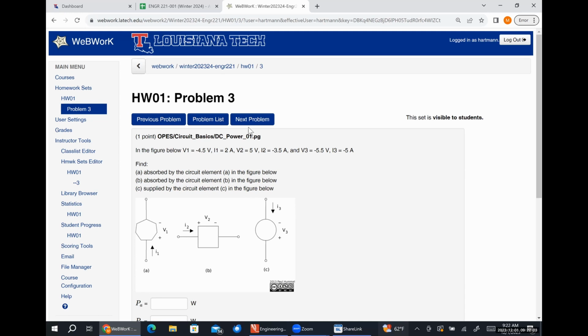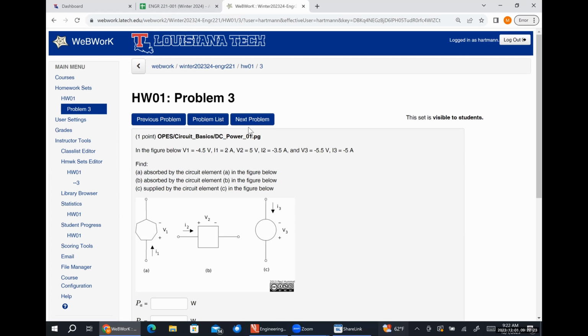Patrick, for element B, is the current flowing into the positive polarity terminal or into the negative polarity terminal? Flowing into the positive polarity terminal. Since we're asked to find absorbed power, do I need to add a negative sign or not? I do not.